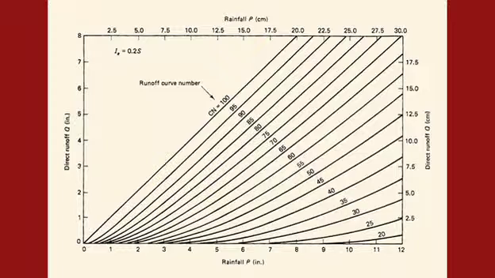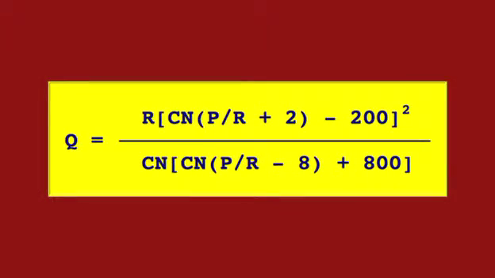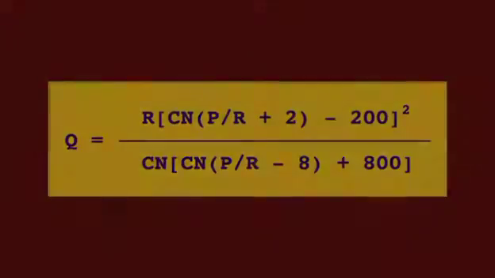In this equation, P and Q are given in inches. In SI units, the equation is, which is physically subject to the restriction P greater than or equal to R times 200 over CN minus 2.